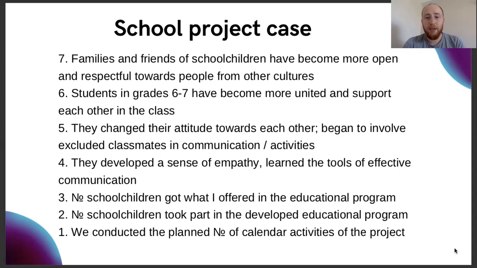In order to make them more united and supportive, they need to change their attitudes toward each other, and they should begin to involve excluded classmates in communication and their activities. And there are different things that should change in their behavior in order that they become more united and supportive, that I can assume so.